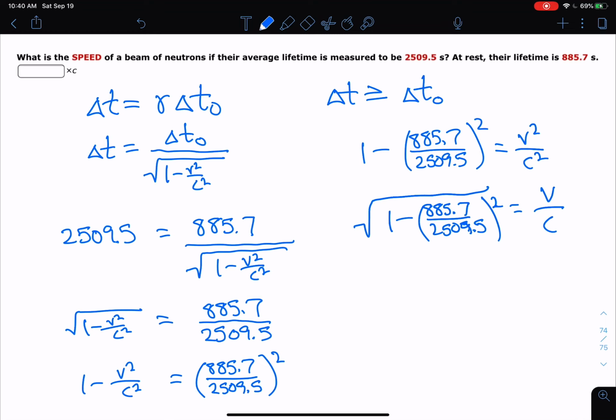And I get approximately 0.9356 when I take this square root. I'm solving for v, so I'll move the c to the other side. So this is all times c.